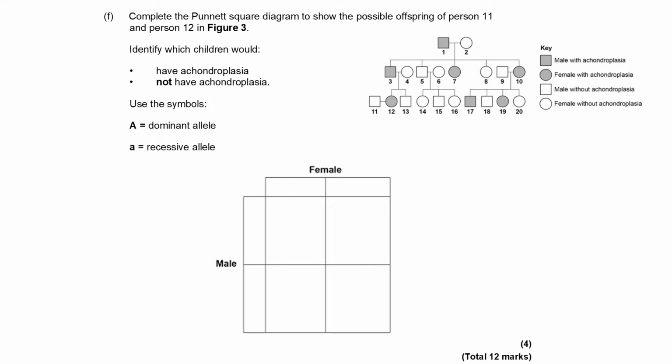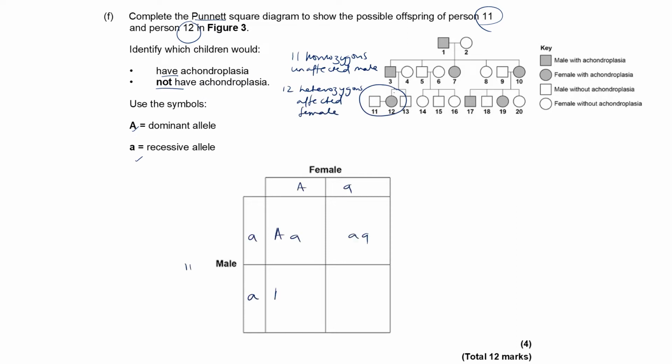So I'm highlighting the fact that they're asking me to look at the possible offspring of person 11 and person 12. I make some annotations on my pedigree diagram about person 11 and 12. So 11 is a homozygous unaffected male, 12 is a heterozygous affected female. Now that I've made those annotations, I can then input the correct genotypes into the Punnett square that they've given me.